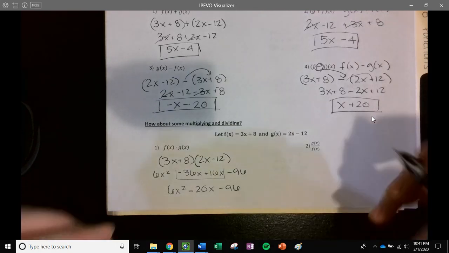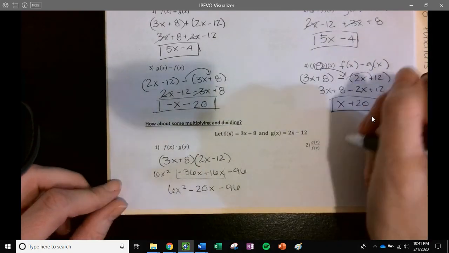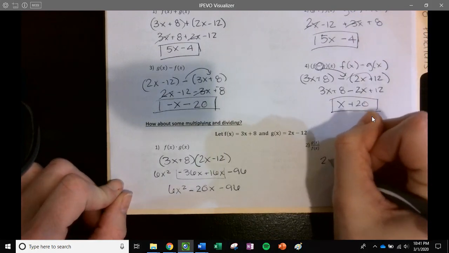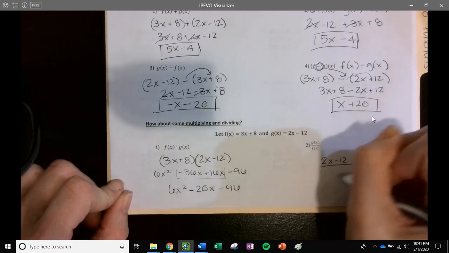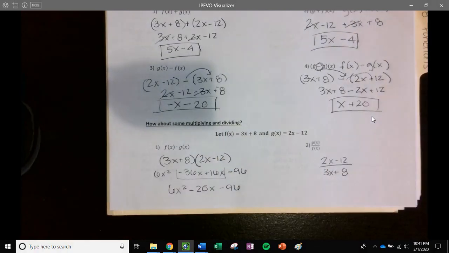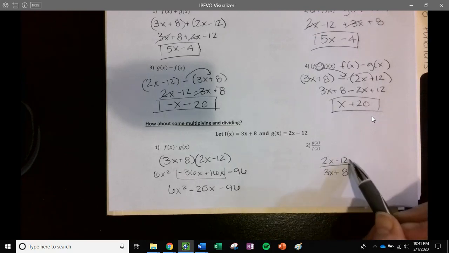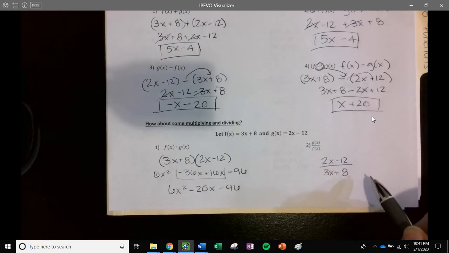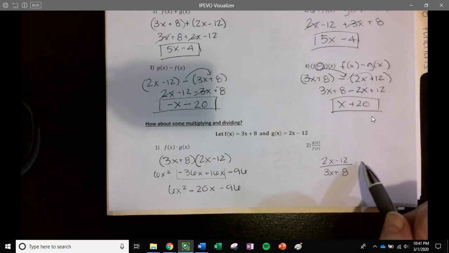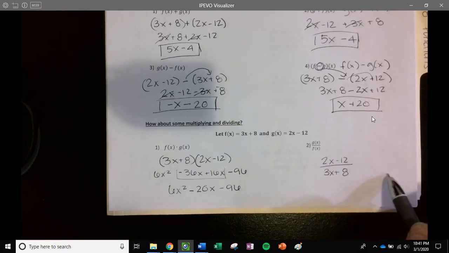And then let's do our division. g(x) divided by f(x) means (2x - 12) divided by (3x + 8). This is the same thing as a rational expression, what we just talked about in our last unit. If we were going to perform this operation, really we're just talking about simplifying, because we're not dividing by another rational expression.